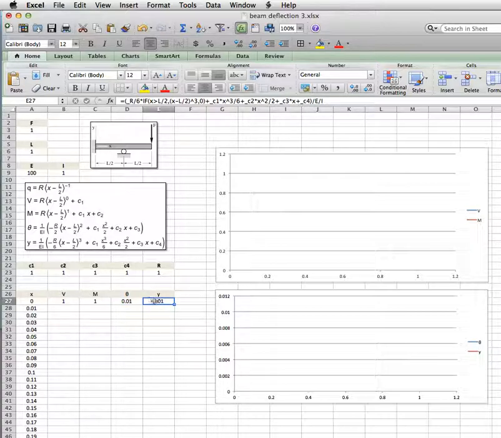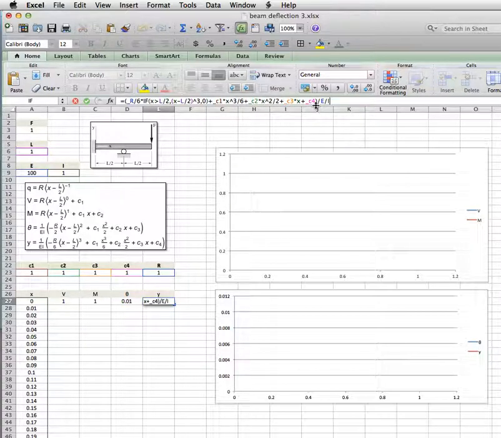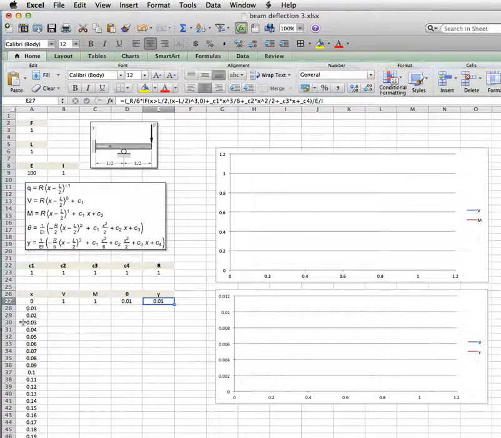And then deflection, same unknown r, r over 6. That's this quantity raised to the 3, otherwise 0, and then here's the polynomials, and then there's the EI right there. So I've successfully translated those from the written down formulas to Excel formulas here.